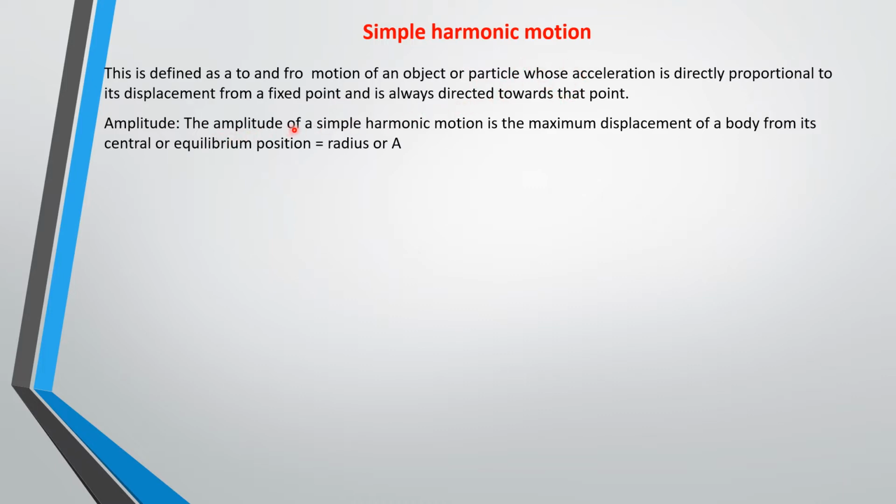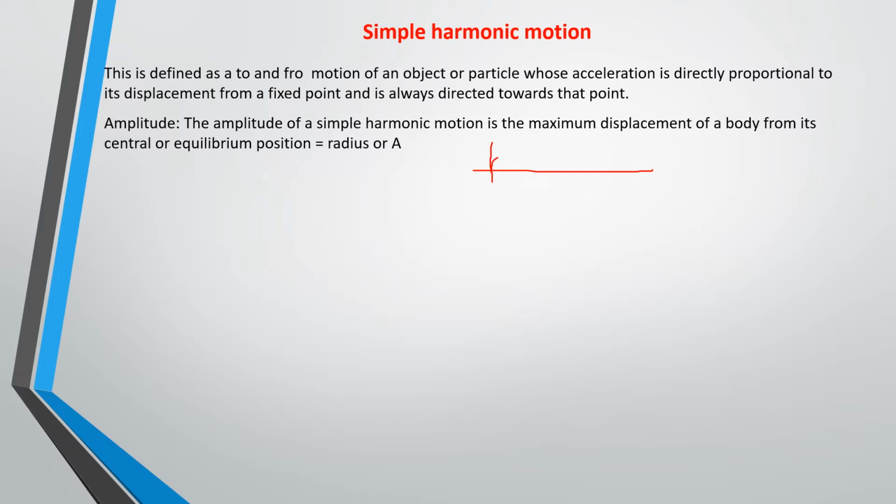So the amplitude of a simple harmonic motion is the maximum displacement of a body from its central or equilibrium position, and this amplitude is equal to the radius of the circle that will be formed for a body that is undergoing simple harmonic motion.